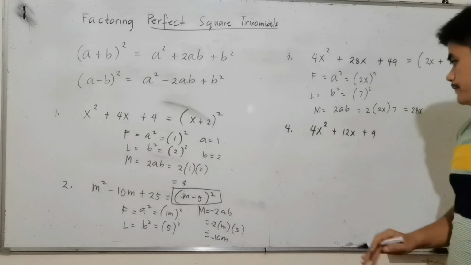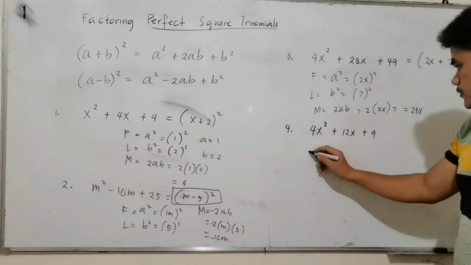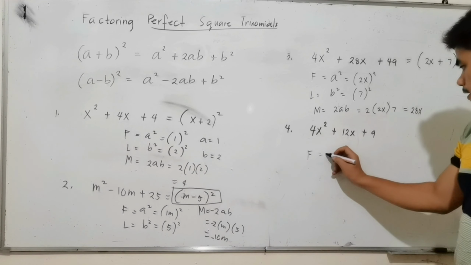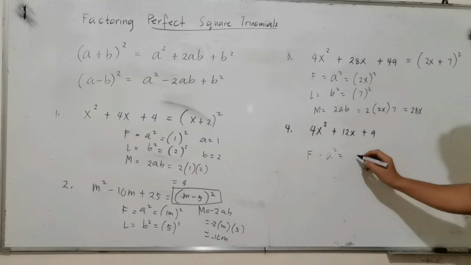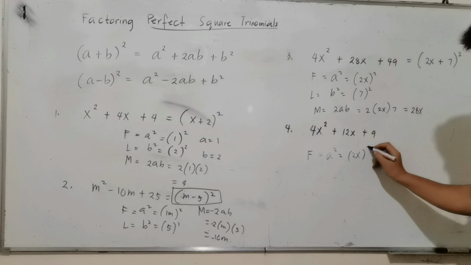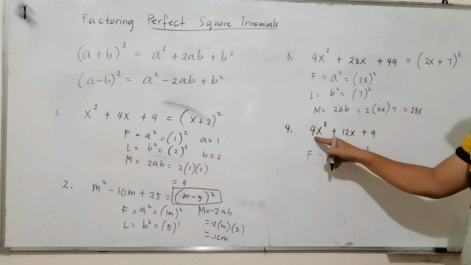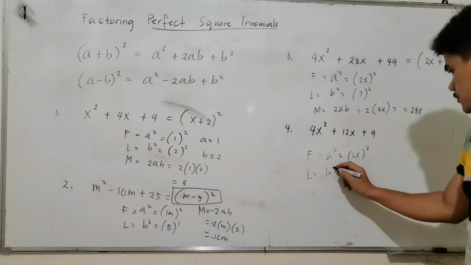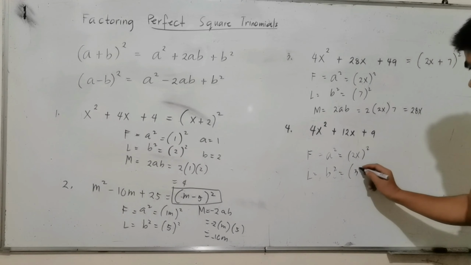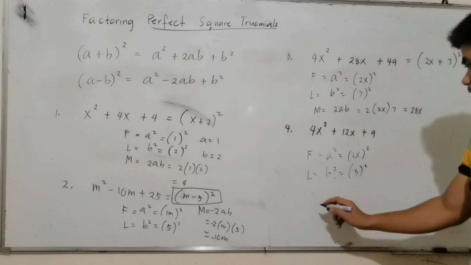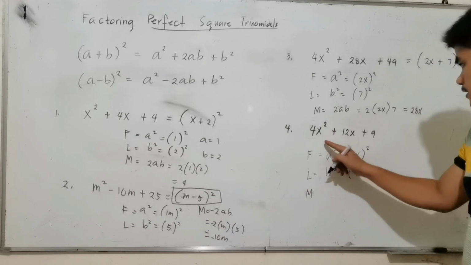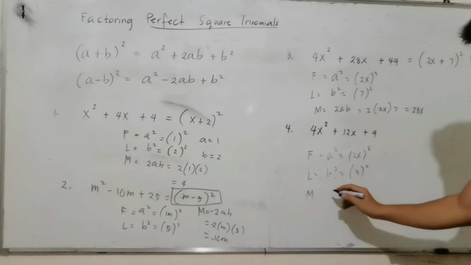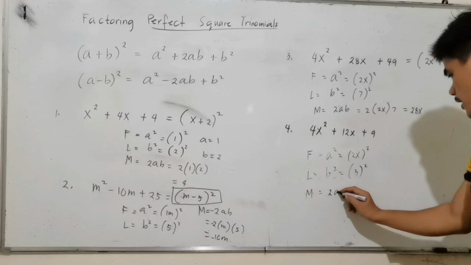How about number 4? Again, check the first term. The first term is 4x squared, so that will be a squared. So we have (2x) squared, since 2x times 2x is 4x squared. The last term is 9, so b squared will be 3 squared, right? For the middle term, since all are positive, we'll make use of positive 2ab.